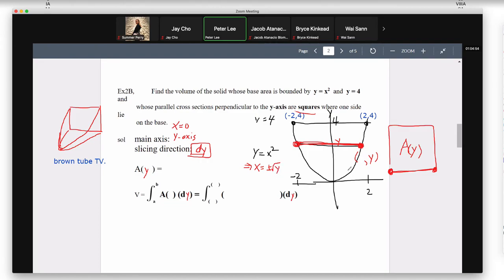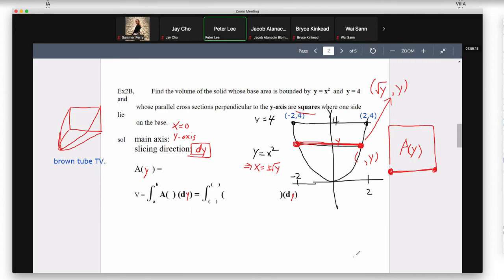So this point right here has y coordinate y, and x is plus square root of y. This one will be square root of y.